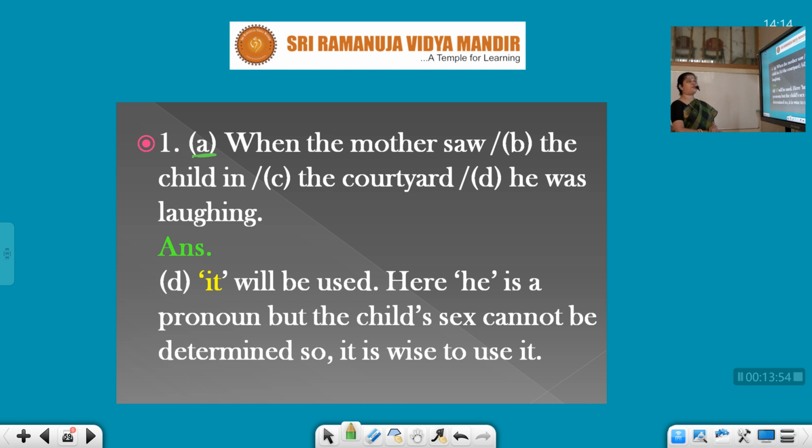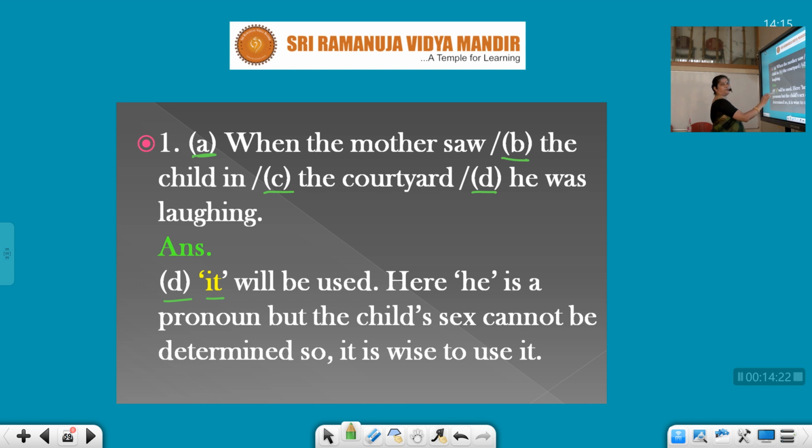Now you will be searching for where the mistake is. Is the error in A, or is the error in B, or in C, or is it in D? Then whichever part has the error, you will mention that and you will write the correct answer. That is how you have to do. You have to put the option. Yeah, error is in D. And what is the error?